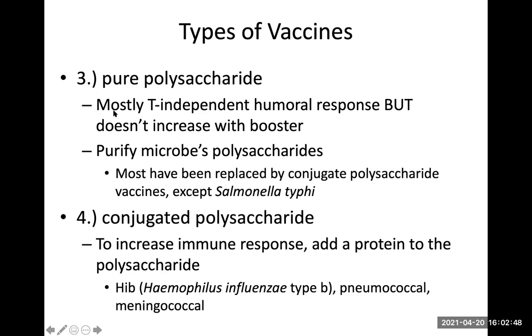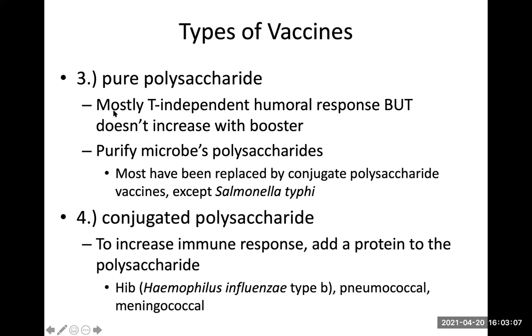So anytime you're traveling somewhere that doesn't have a very good water treatment system, you should definitely get this, right? But it's only going to last long enough for your trip, essentially. So every time you travel, you would need to get another vaccine.